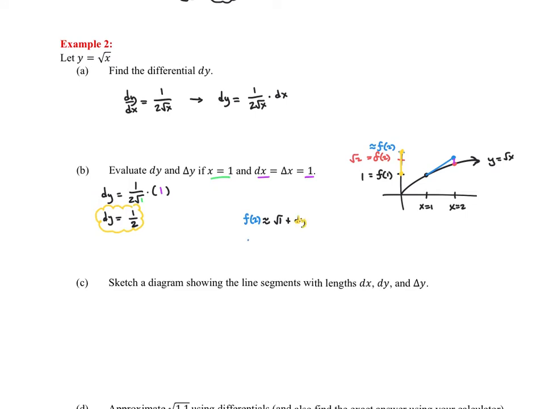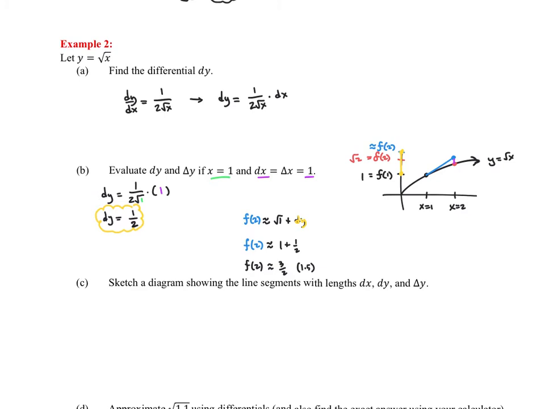So I'm going to approximate that the square root of 2 is 1 plus 1/2. So my estimate is that f of 2 is 3/2, or 1.5. Okay, so I've kind of done C in the process here.